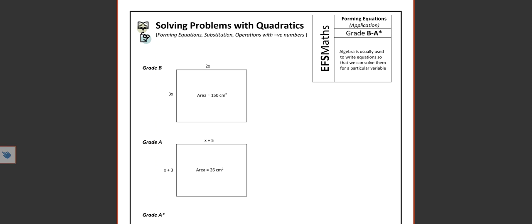Do you know already why you think it's mainly area where a quadratic ends up coming from? Because you have to multiply numbers to get areas. Exactly. When you find the area of a rectangle, you're multiplying two things together, and if we have two unknowns that we call x, when you multiply them, you're going to end up with x times x, which gives you the x squared.